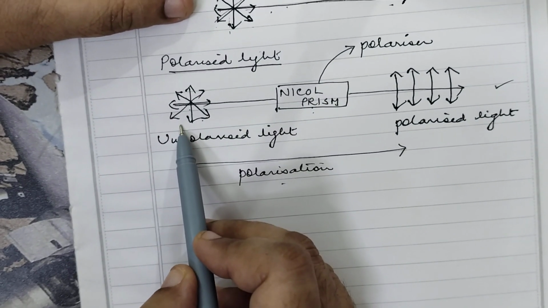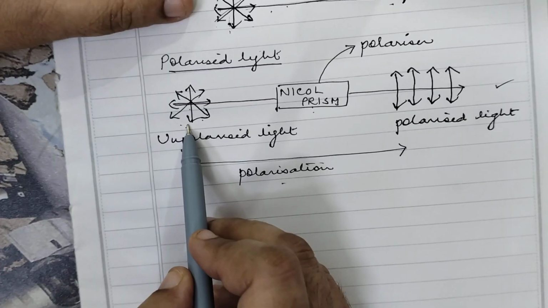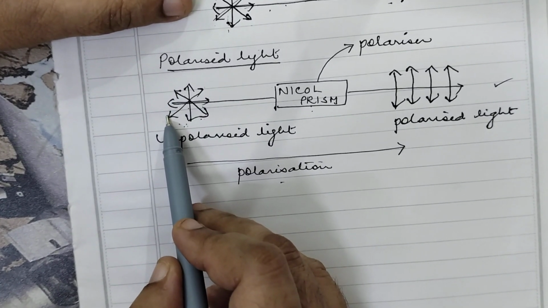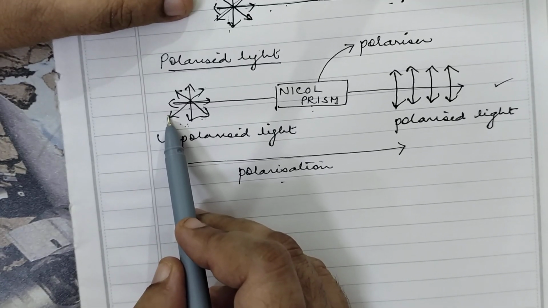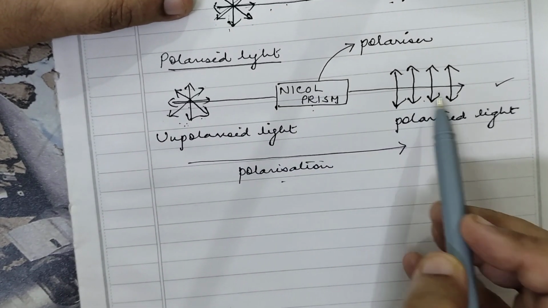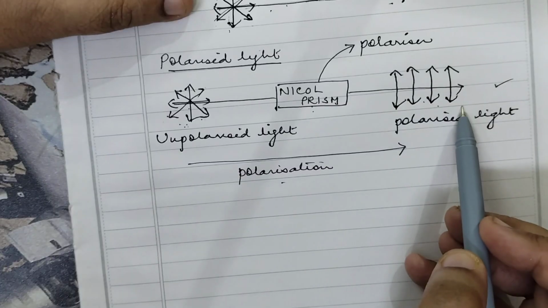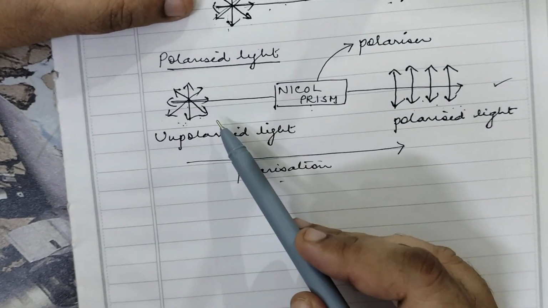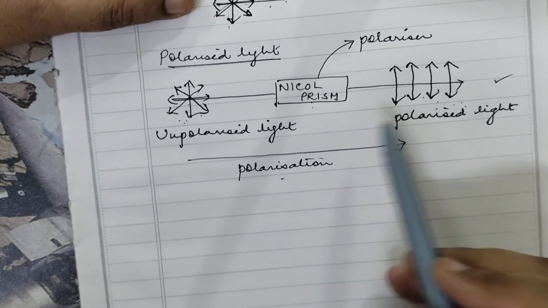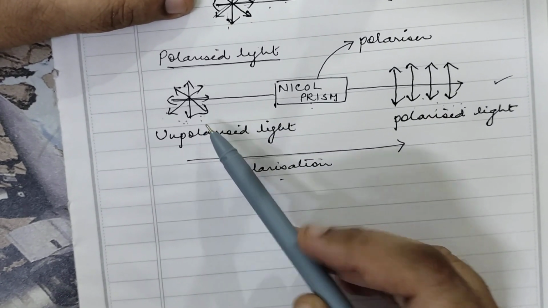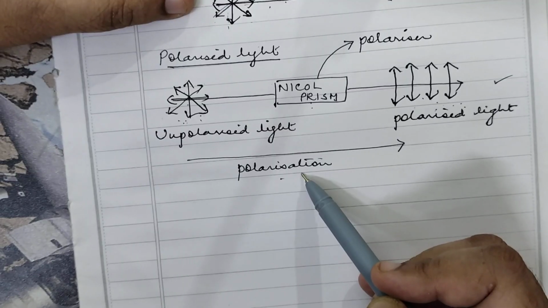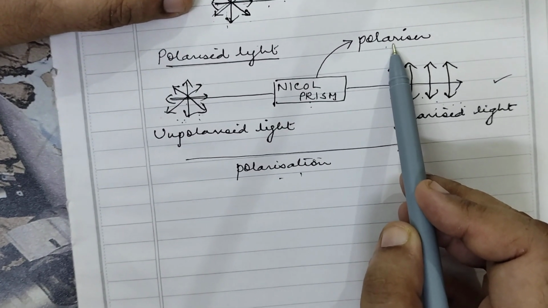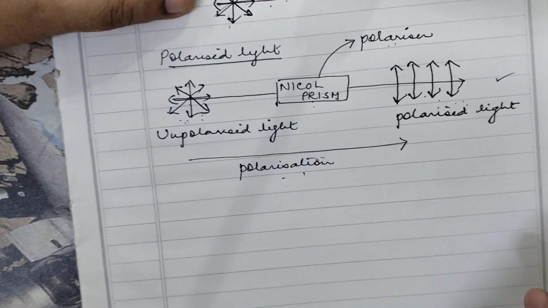And unpolarized light is that light in which vibrations are in various planes perpendicular to the direction of propagation of light, and polarized light is that in which all the vibrations are aligned, they are in one plane. And polarized light can be obtained from the unpolarized light by the process called polarization. And we need a device called polarizer for bringing about this polarization.